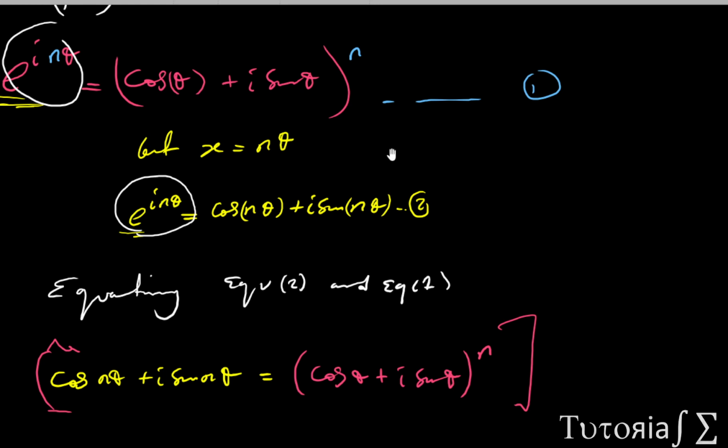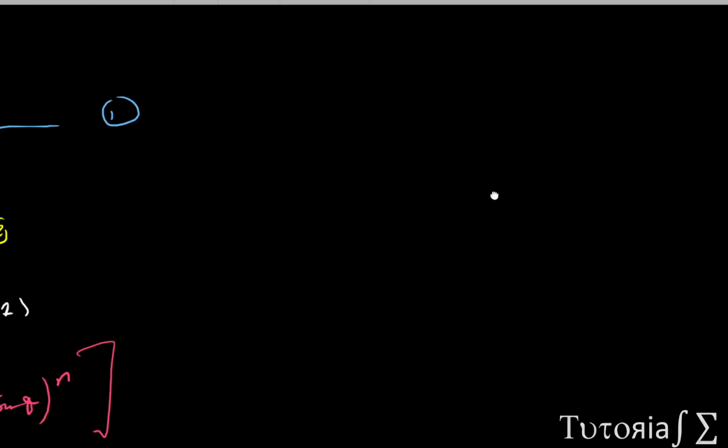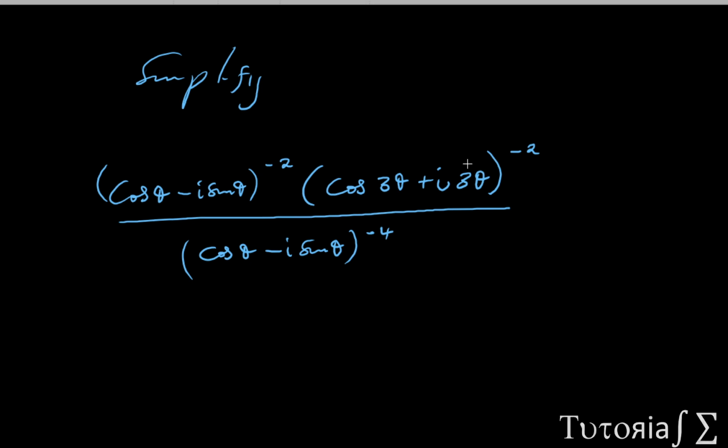Let me just give one example from the previous lesson, maybe a bit more intricate than the ones that we did. Maybe you're asked to simplify this right here: cos theta minus i sine theta to the power negative 2, then cos 3 theta plus i sine 3 theta to the negative 2, then cos theta minus i sine theta to the negative 4.